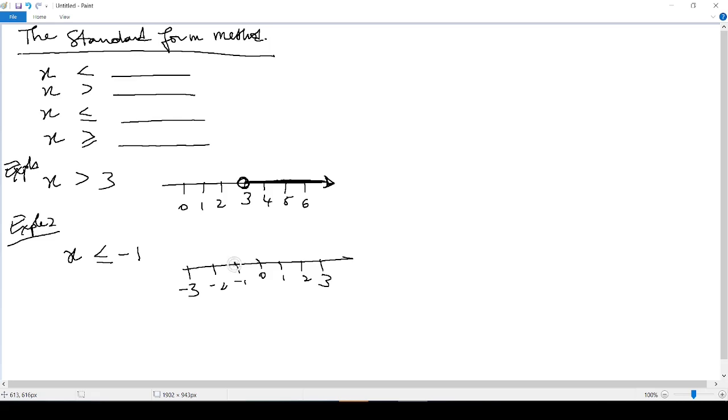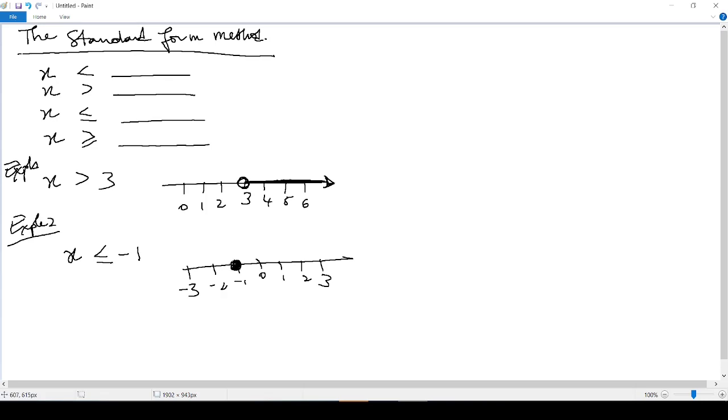So -1, and here I have x less than or equal to -1, meaning -1 is part of my solution because I have the equal sign involved. So first of all, I can represent this with a bold dot, and now any number less than -1 is a solution.